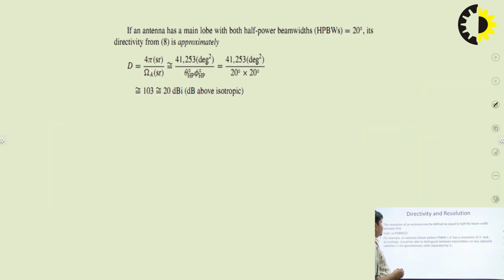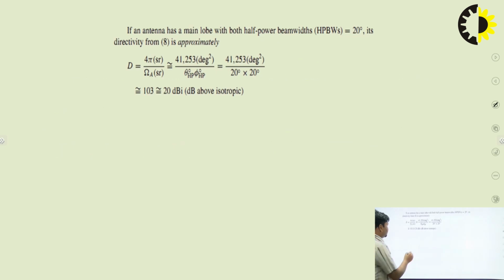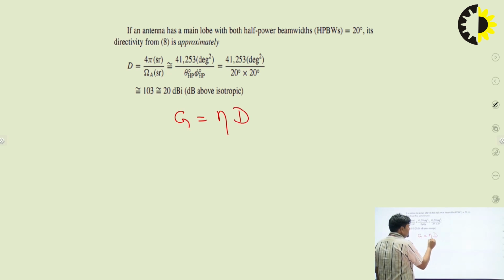One more question: what is the relation between gain and directivity? Gain is the radiation efficiency times the directivity. So gain is always less than directivity.